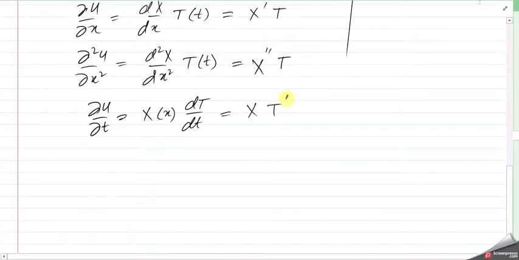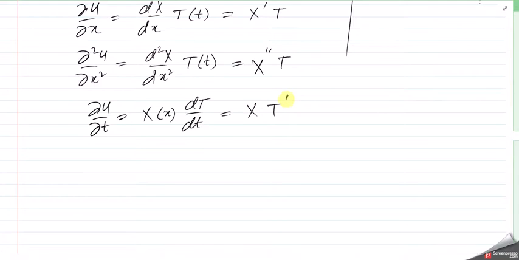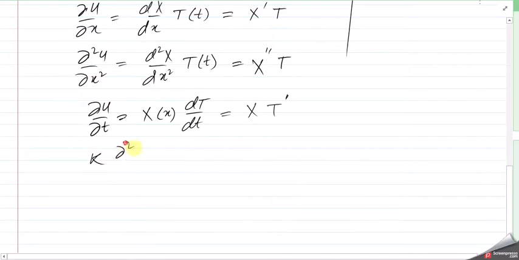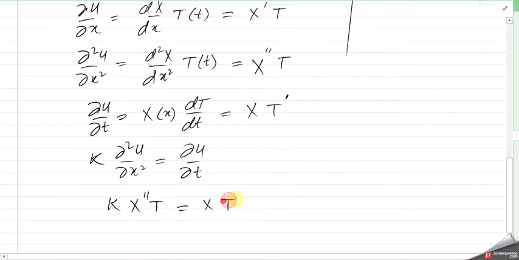Let's put these values into the equation, and that gives k times partial squared u by partial x squared equals partial u by partial t. So that will become k X double prime T equals X T prime.